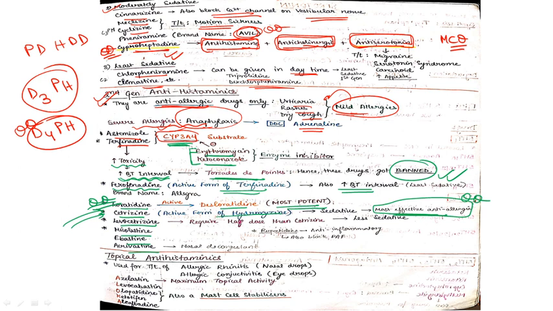Now coming to the topical antihistaminics. They are used for the treatment of allergic rhinitis as a nasal drop or allergic conjunctivitis as eye drop. You can remember like this: A, Loca. A for azelastine, levocabastine, olopatadine, ketotifen, and epinastine. Remember this for our exam, in our spotter.